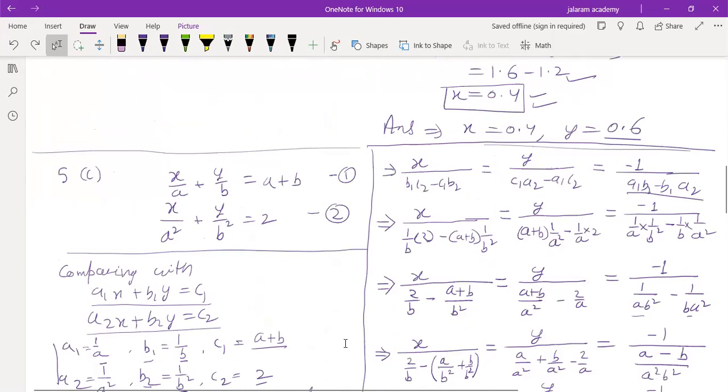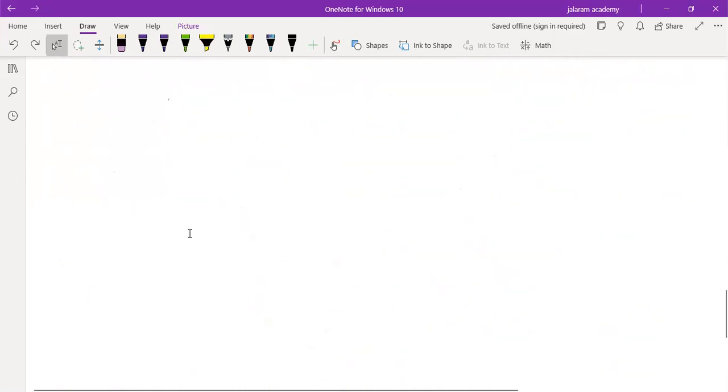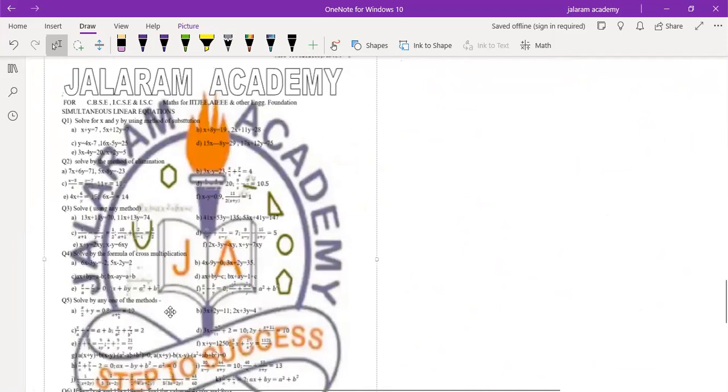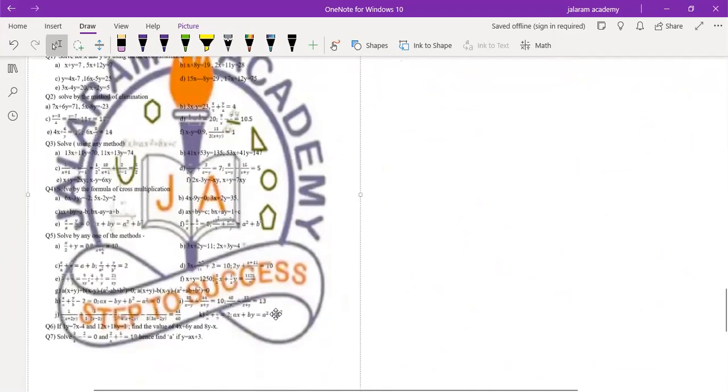So we can solve. I have discussed the way how to solve the question. Now, should I tell you all the questions? I have discussed A, C, and there is doubt in D also. Is there doubt in D also?